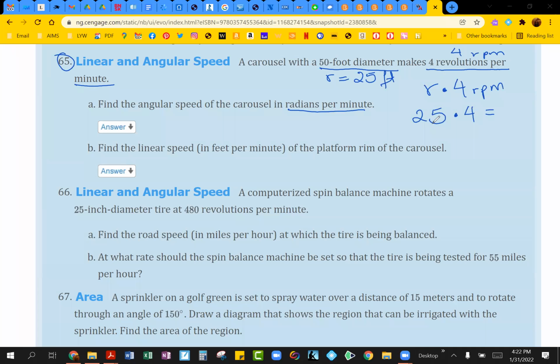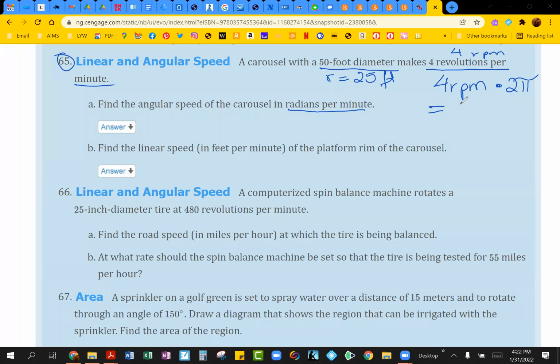Because I didn't do the 2 pi measurement here. I apologize, guys. So not the radius, not yet. 4 RPMs multiplied by 2 pi. And can you tell me why we're using 2 pi over here?